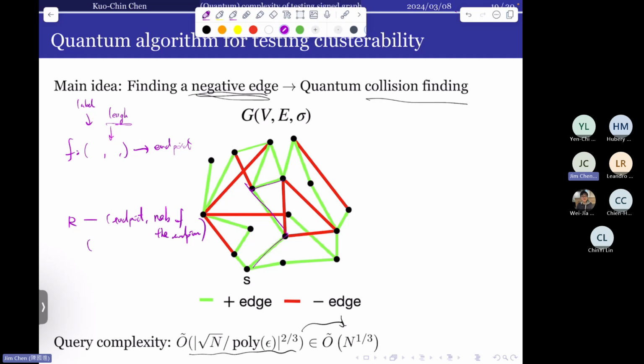If so, we have the information of the endpoint of a random walk and its neighbor. Then with this we can easily find the negative edge if it exists.